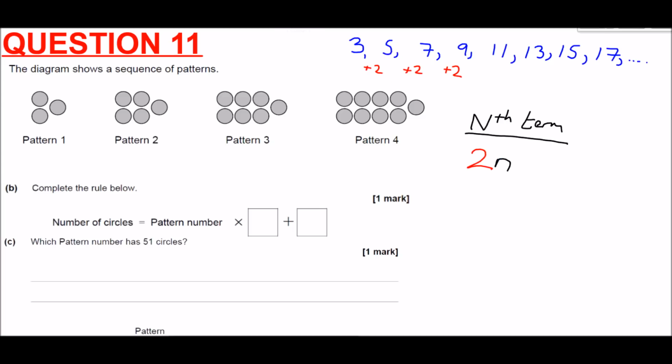The next thing is to think about what sequence you're taught from a very early age that goes up in 2s and compare that sequence to the one we have here. The sequence that goes up in 2s is the 2 times table.